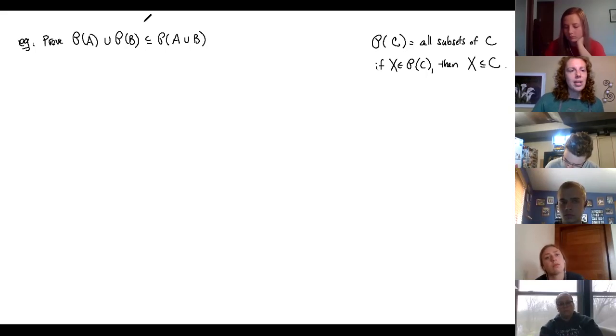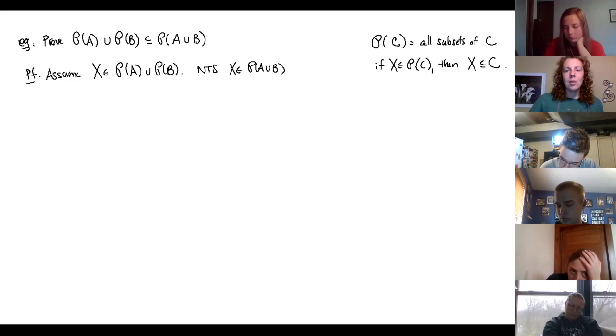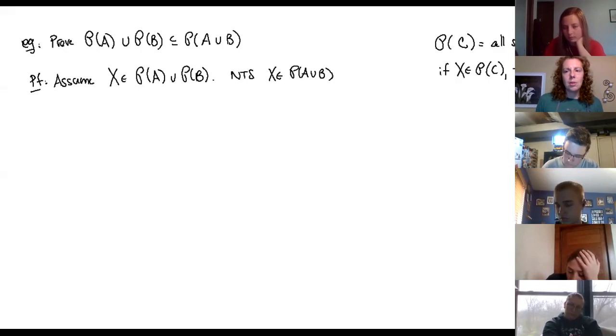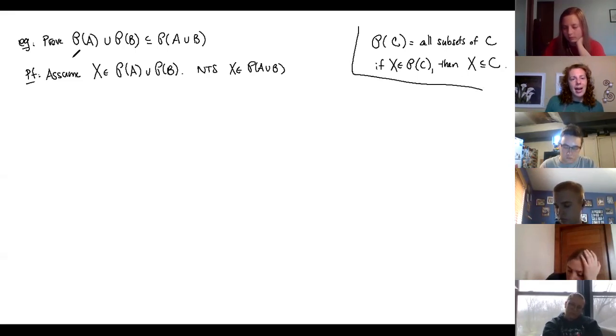Okay, so let's go over here. We'll do our assume, our need to show. Here we go. So we want to assume, then again, we're doing capital X lives in the left-hand side. So power set of A union power set of B. And I need to show that capital X lives in the power set of A union B. So we are going to assume that X lives in the left-hand side, power set of A union power set of B, and then I need to show that capital X lives in the right-hand side.